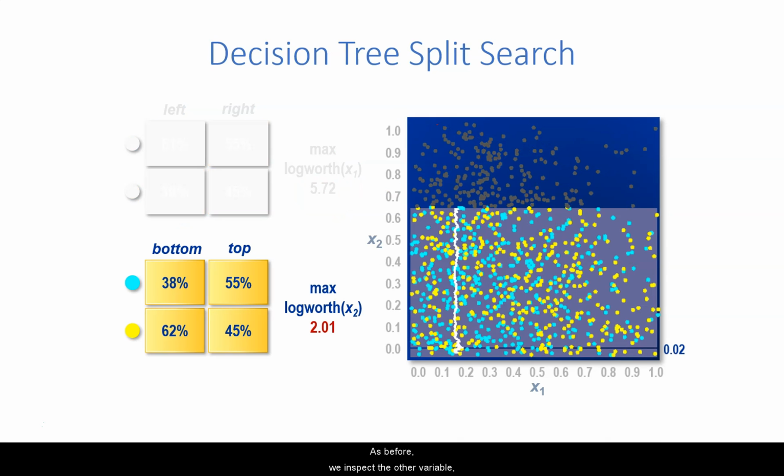As before, we inspect the other variable, x2, to identify its maximum log worth. As you can see from the diagram, the maximum log worth for x2 within the bottom partition is produced by the split x2 equal to 0.02, and the log worth for that split is 2.01.